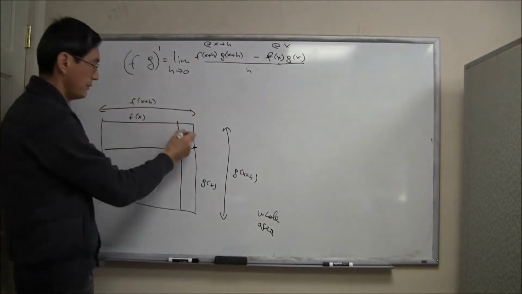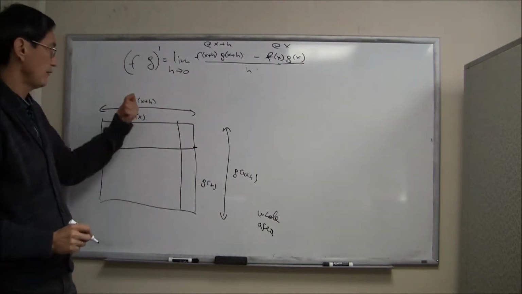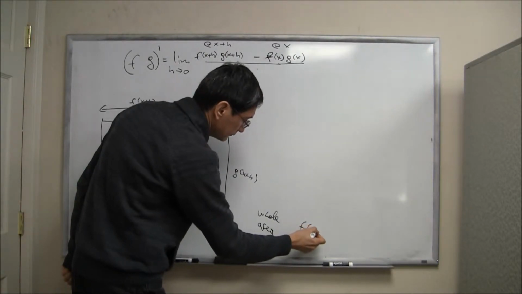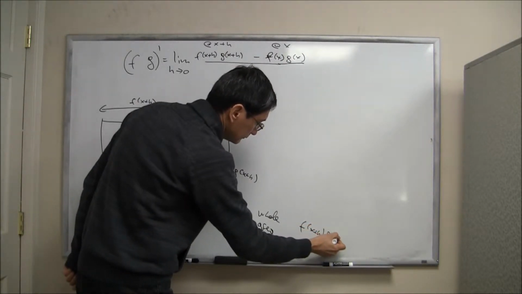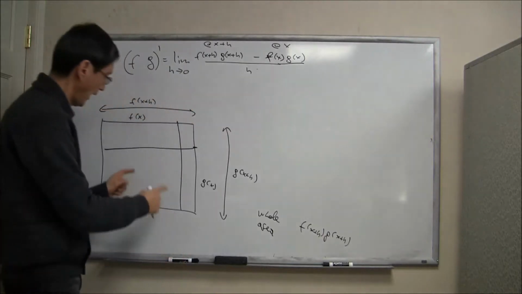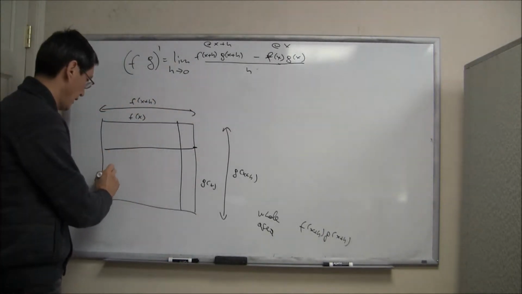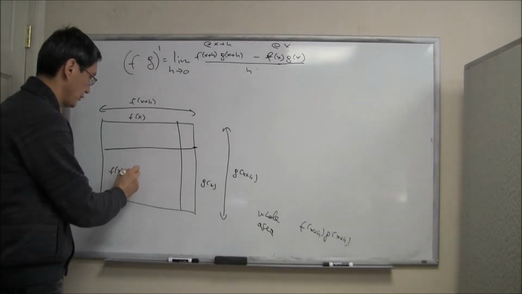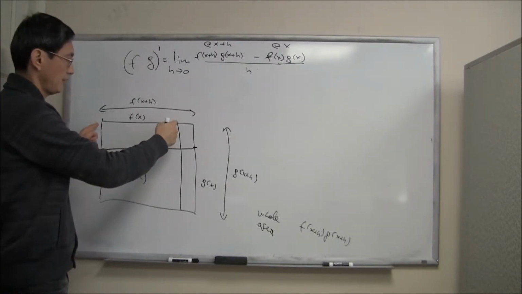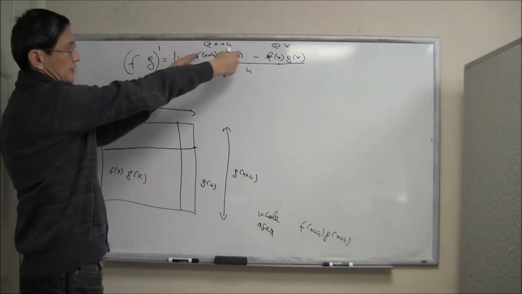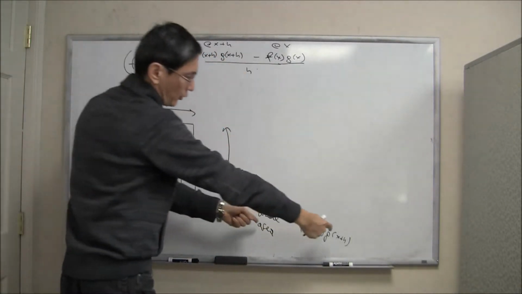The area of that big rectangle is f of x plus h times g of x plus h. The area of the smaller rectangle which is inside is f of x times g of x, because this length is f of x and this length is g of x. So f of x plus h times g of x plus h is the whole area.